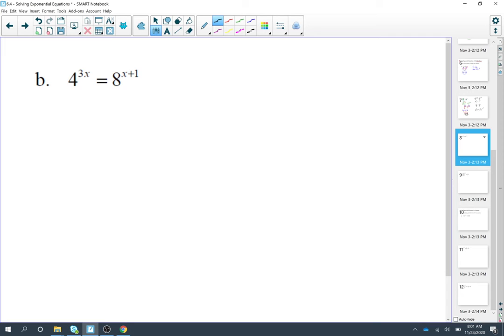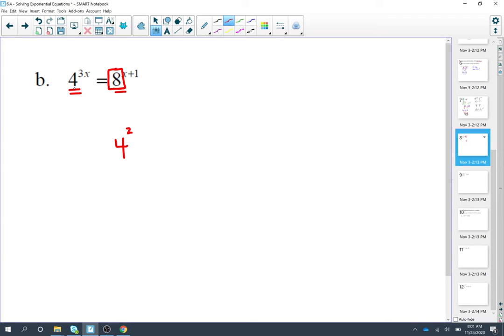Letter B. Okay. Different bases. So my first goal is I'm going to look at the bigger one, just focused on the 8, and I'm going to ask, well, can I get that down to a 4? Well, I know 4 to the power of 1 is 4. Well, that's not going to work. 4 to the power of 2 is 16.